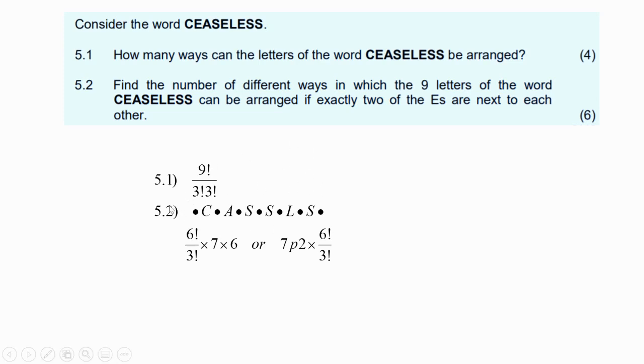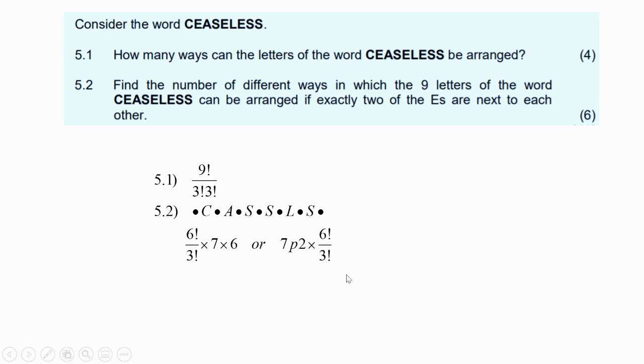All right. So I've got 7 slots. So what I've done over here is this is the CSSLSS, which is 6 factorial divided by my repetition, 3 factorial, times by 7 options for the double E, and then 6 options for the single E. So whichever the 7 has gone into, there are 6 options left.